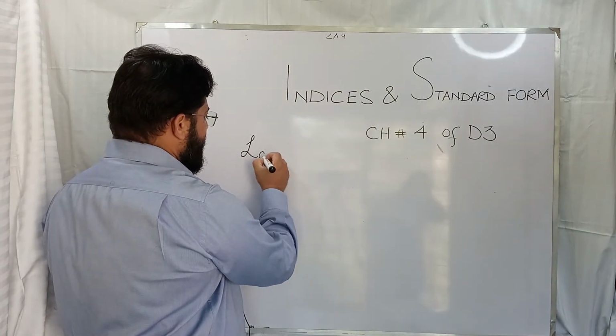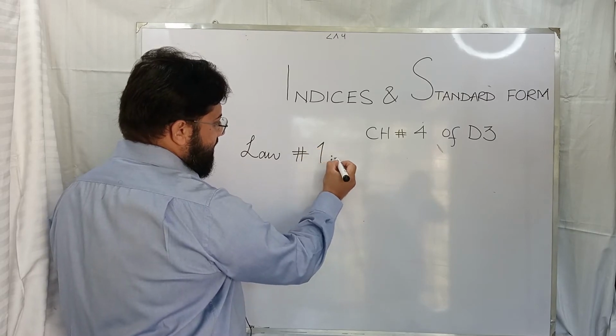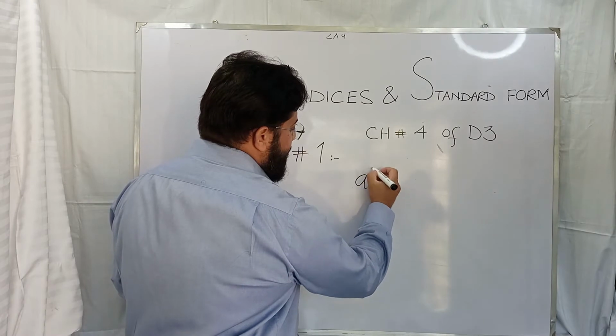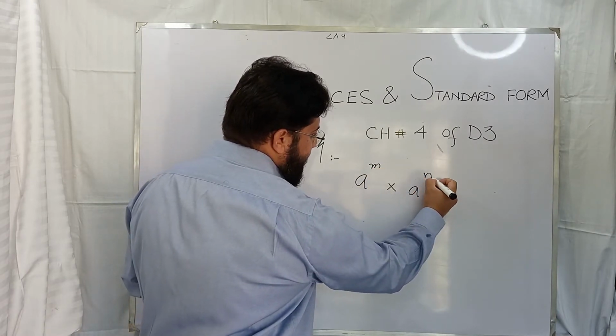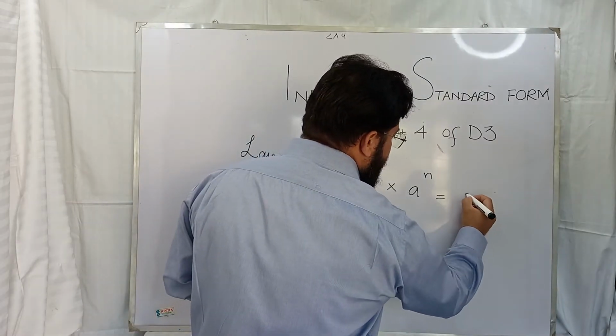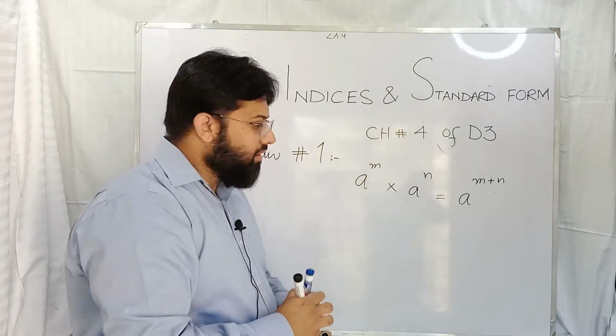Let's start with law number 1. The first law of indices says that a to the power m multiplied by a to the power n is equal to a to the power m plus n. What does it mean?